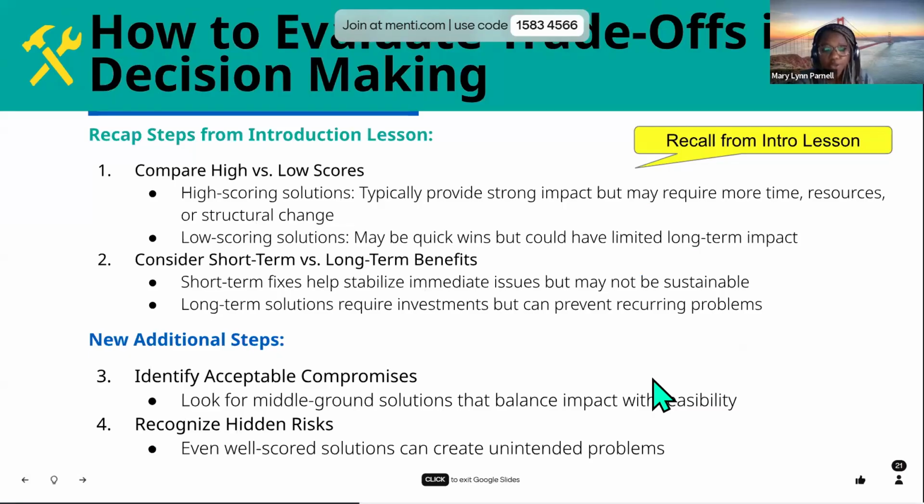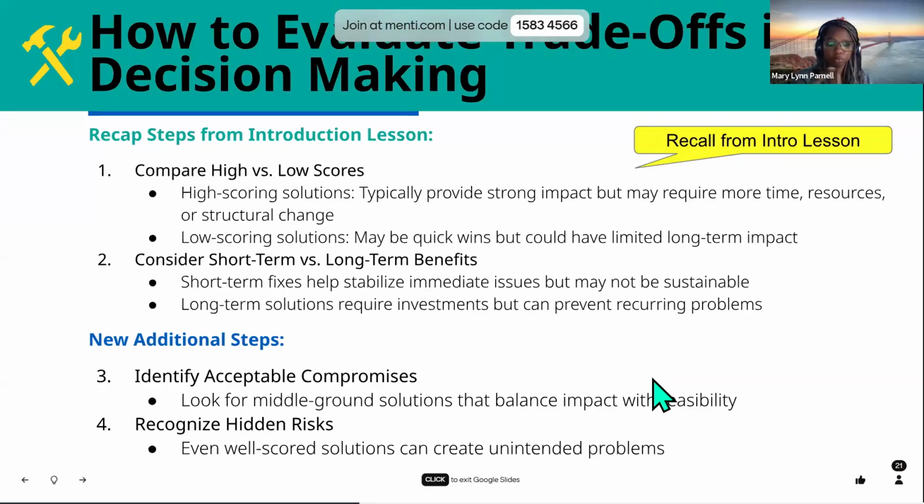The first two steps were comparing high and low scores. High score solutions typically provide strong impact, but might require more time, resources, or structural change. Low scoring ones may be quick wins, but could have limited long-term impact.